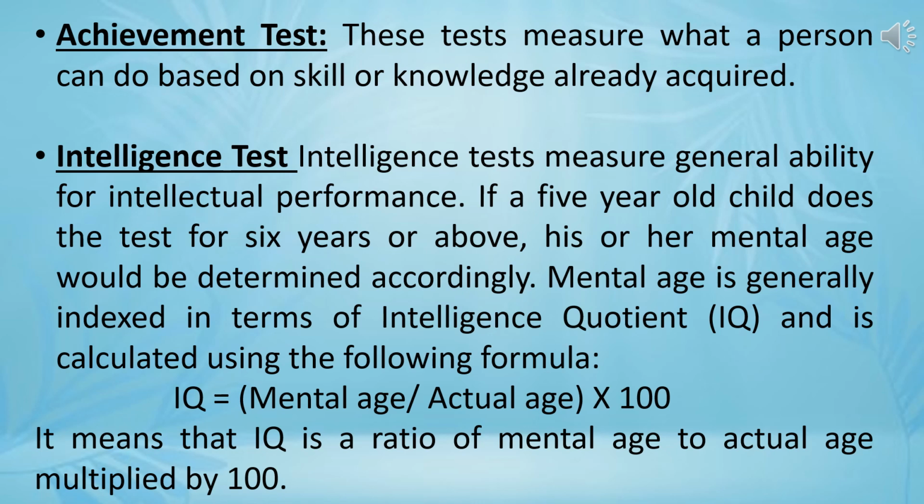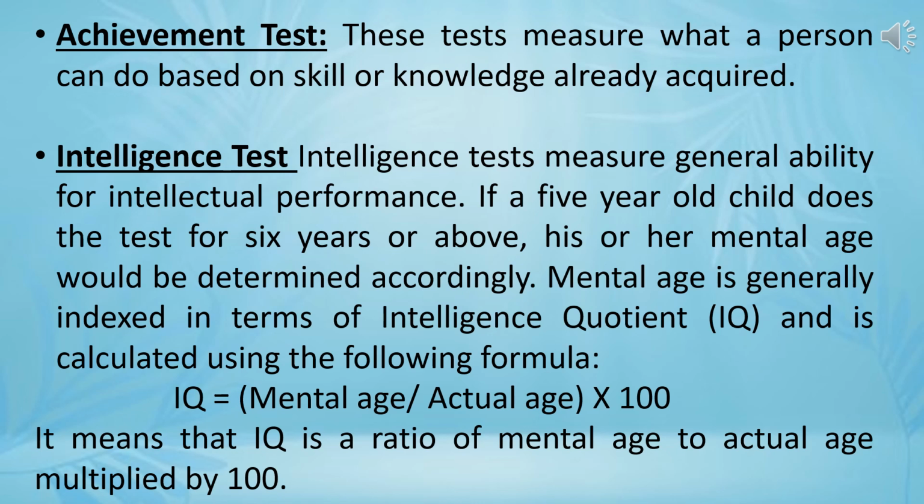Now we have another one, that is the intelligence test. These assess an individual's general ability for intellectual performance. They measure cognitive abilities such as reasoning, problem solving, memory, and comprehension. In testing, mental age is determined based on a child's performance on the test compared to the average performance level for their age group.